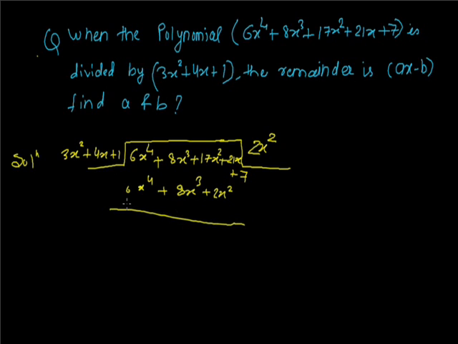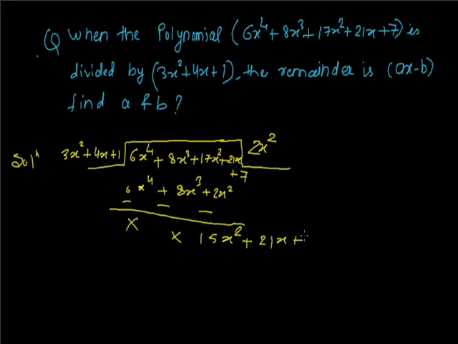Changing the sign, this term cancels out, this one also cancels out, and the remaining value is 15x square plus 21x plus 7.